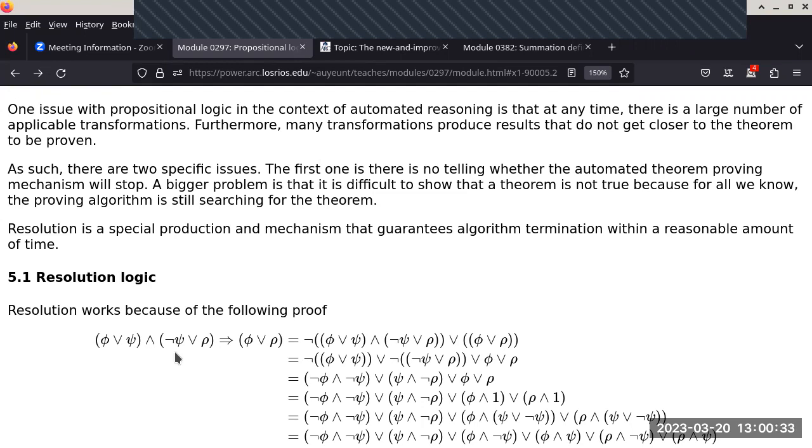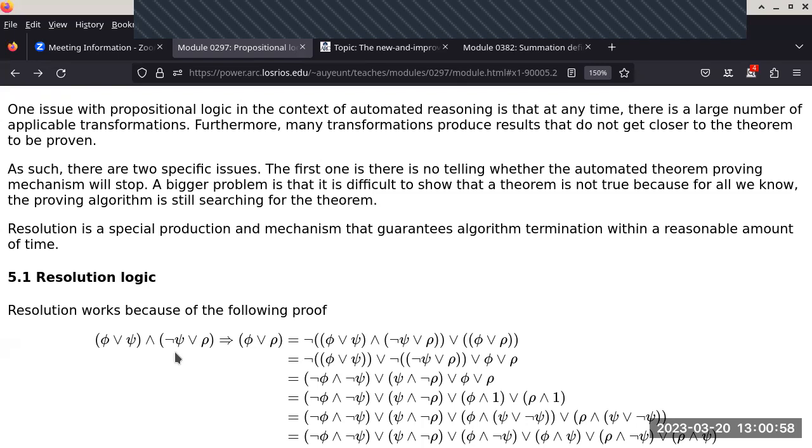It doesn't have to be in iota. It can be derived from iota. That's the whole point, is that each one can be derived. And then we have not psi or rho, which is another well-formed formula that can also be derived from iota. It can be from iota itself, but it can also be derived from iota. So now you have two well-formed formulae that were both derived from iota.